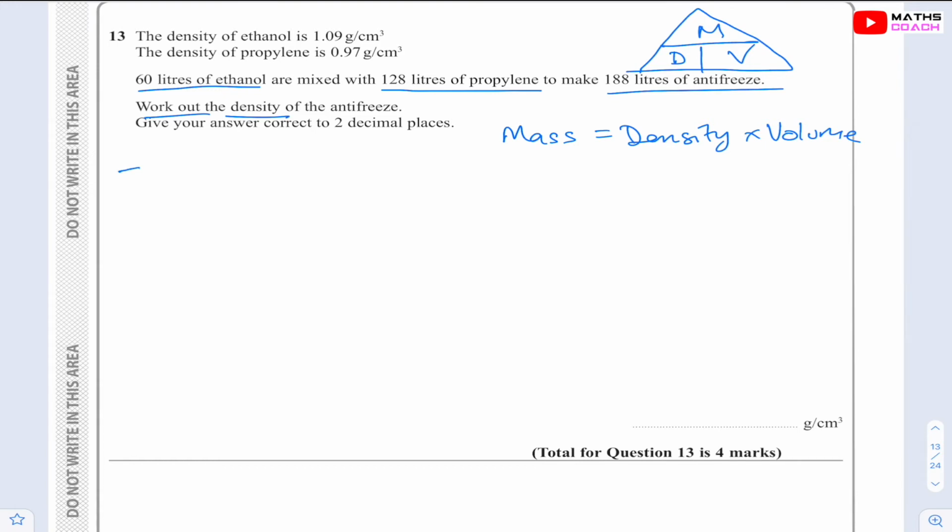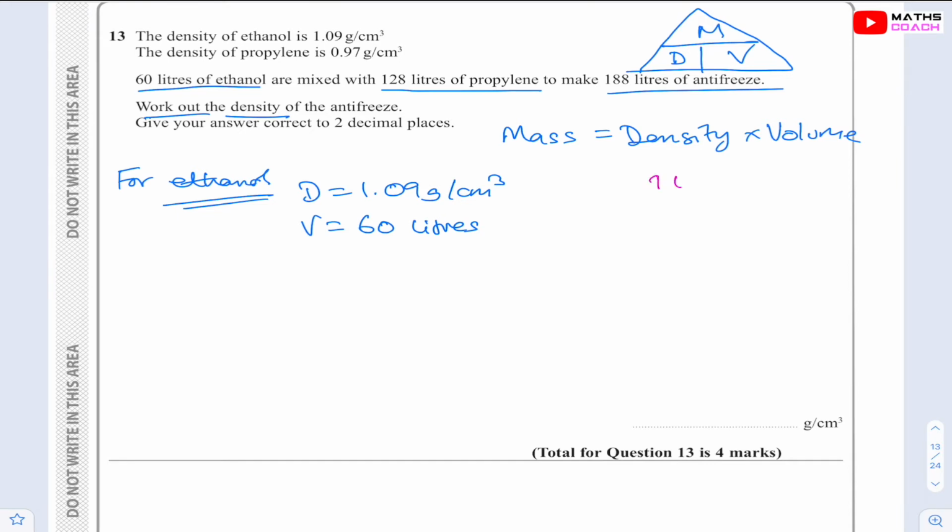Right, so let's begin. So what do we have for ethanol? We know that the density is 1.09 grams per centimeter cubed. And the volume that we add of ethanol is 60 liters. Now we need to have a conversion because we've got grams and centimeter cubed, and we're also dealing with liters.